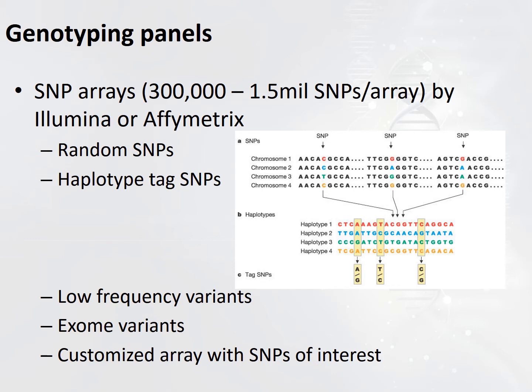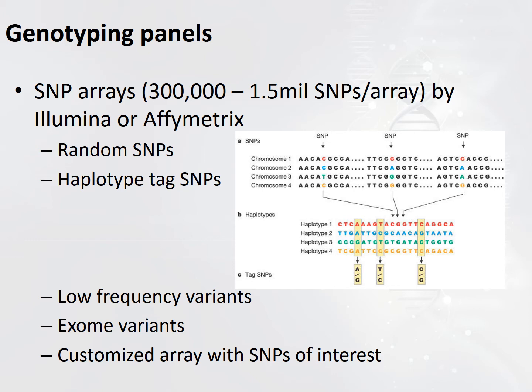For example, you can have chips that have completely random SNPs, some that have mostly low-frequency SNPs, some that have only SNPs present in the coding regions, and some that have SNPs in certain haplotypes, called tag SNPs. Based on those specific tags, you can infer the rest of the haplotype.